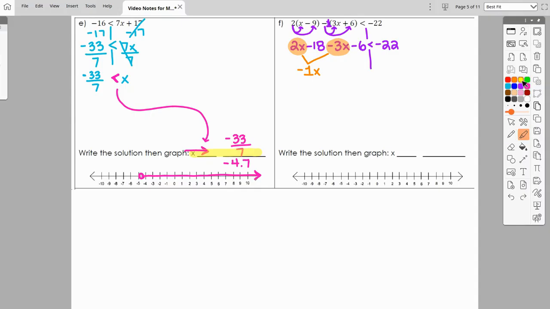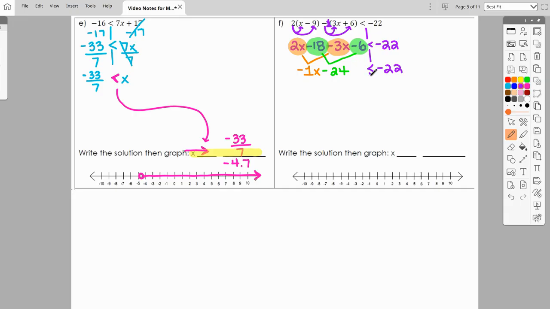Now on that left side, I'm going to highlight anything that is just a number, no x with it. That's the negative 18 and the negative 6. Those combine together because they're on the same side, keep the same signs. Negative 18 minus 6 is negative 24. Again, I'll keep my left side simplified, and then I'll bring down my right side here.